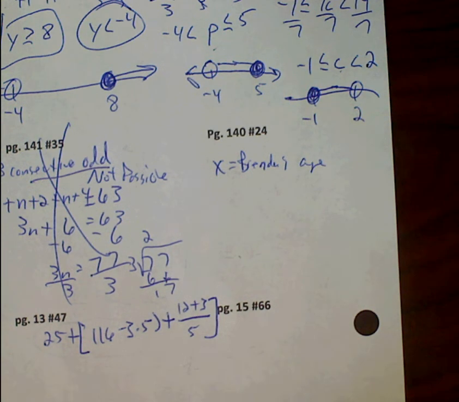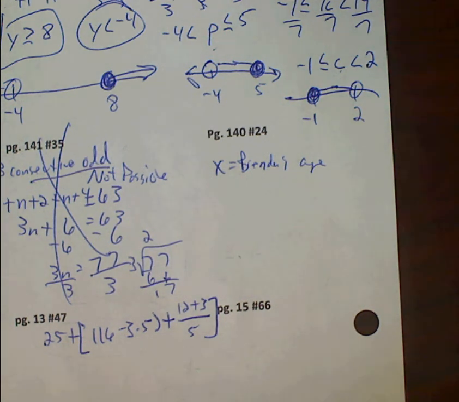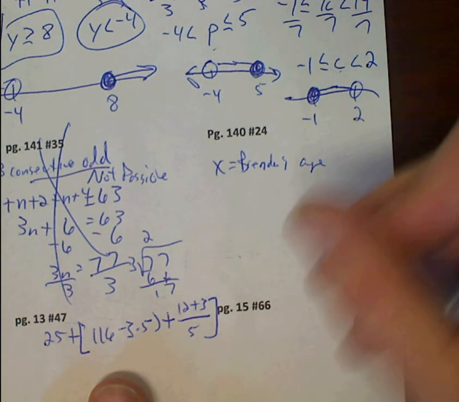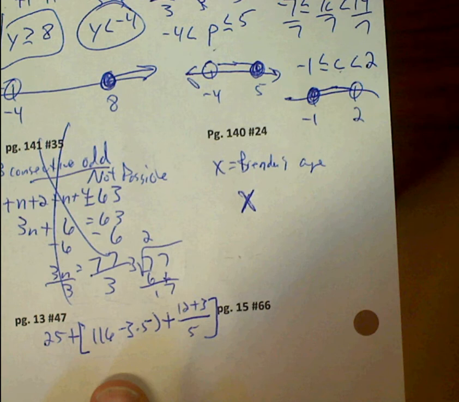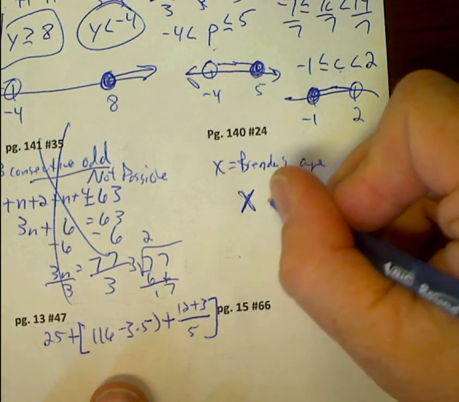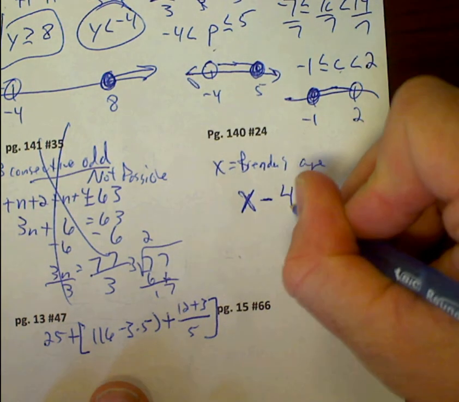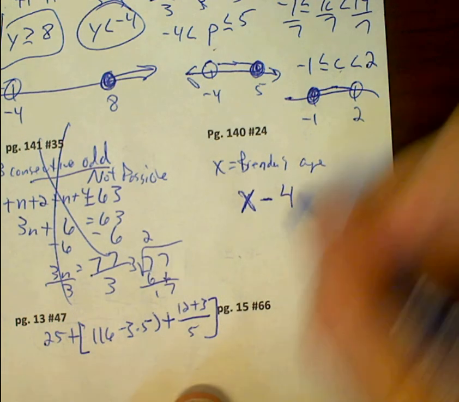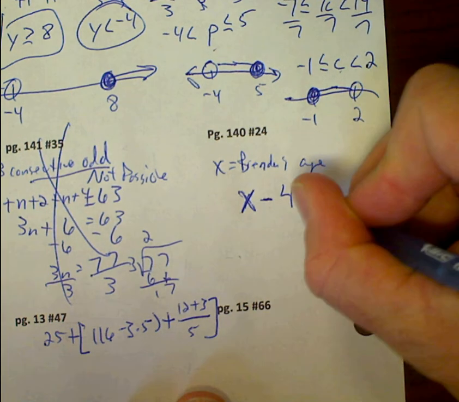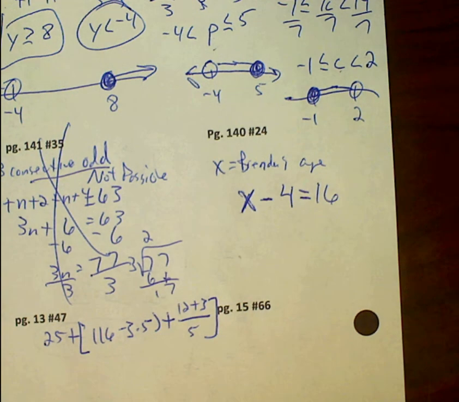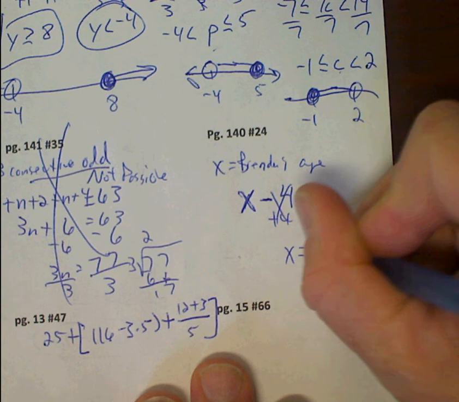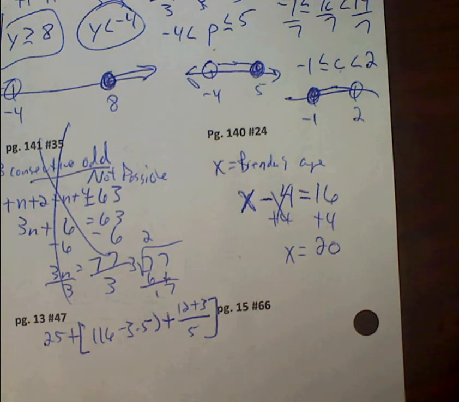It says Max is 4 years younger than his sister Brenda. Younger than means to subtract, put it to the back. Max is 16 years old. So x minus 4 equals 16. He is 16 years old. I would add 4 to both sides. Brenda has to be 20.